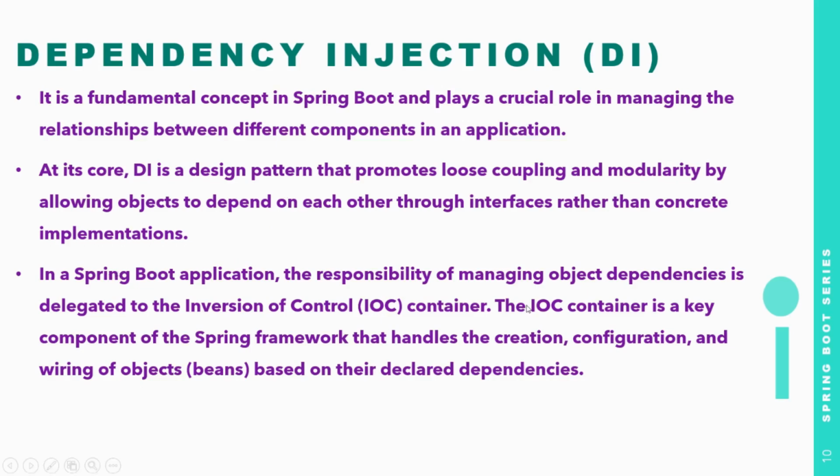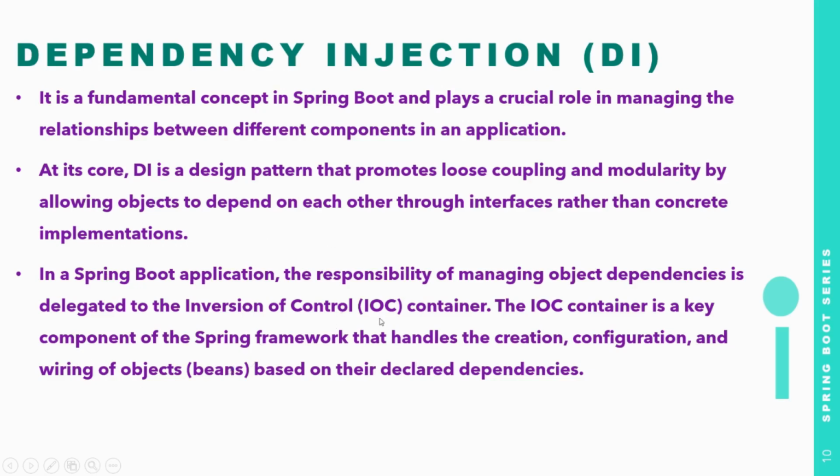By loose coupling, it means that our code is not dependent on other code. We do not need to go and update our code every time any changes happen in that code. So this is what is meant by loose coupling.